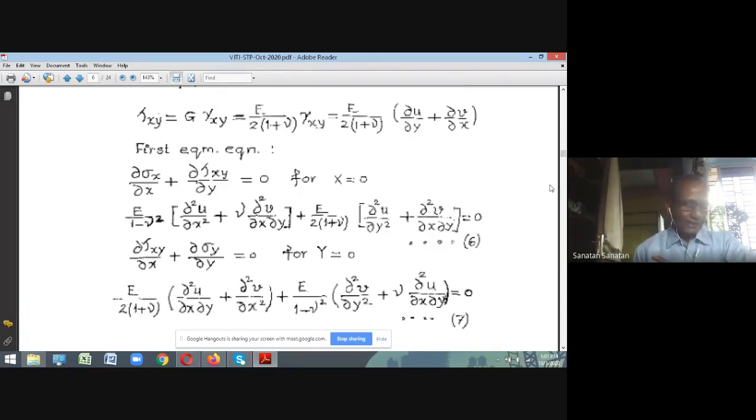So this is another difference between the two problems. Working in terms of stresses gives you first order partial differential equations, one order less, but when you work in terms of displacements, your differential equations are second order partial differential equations.